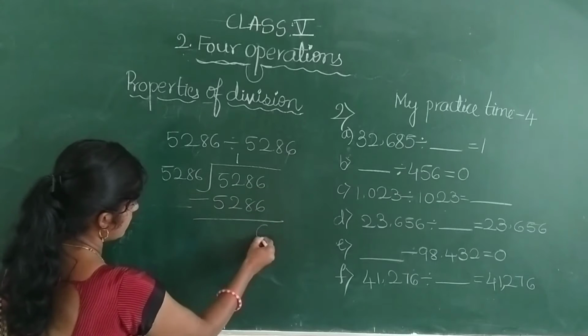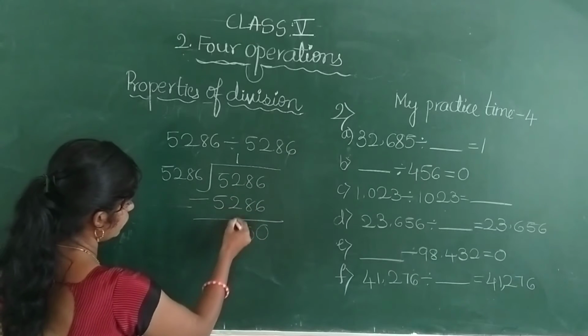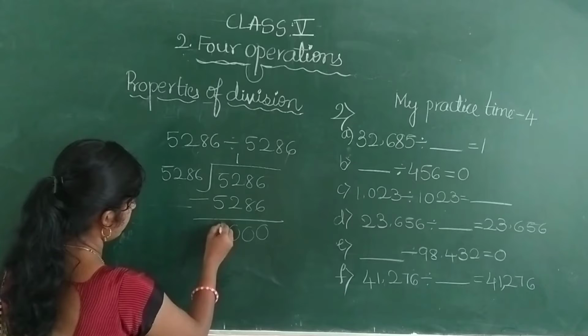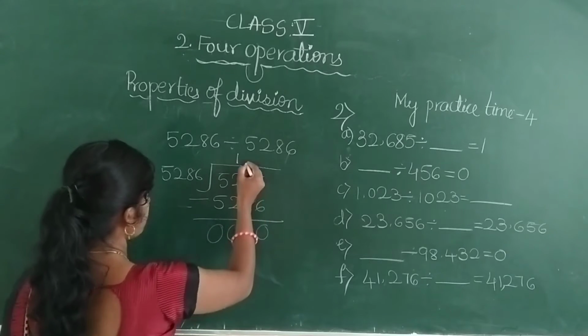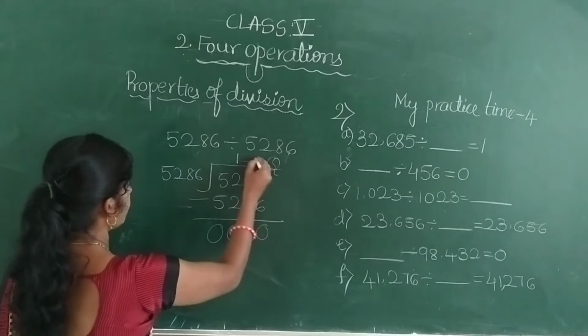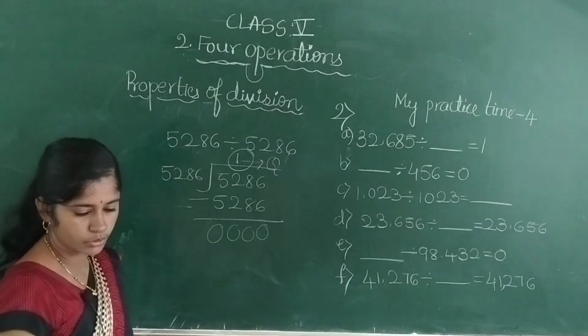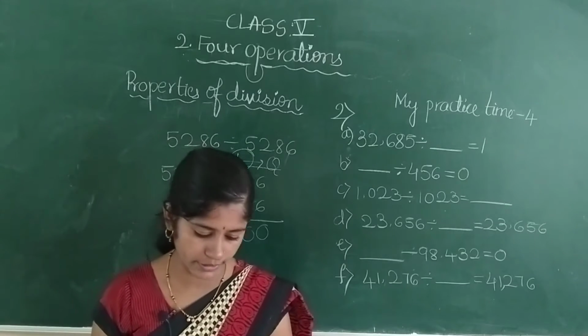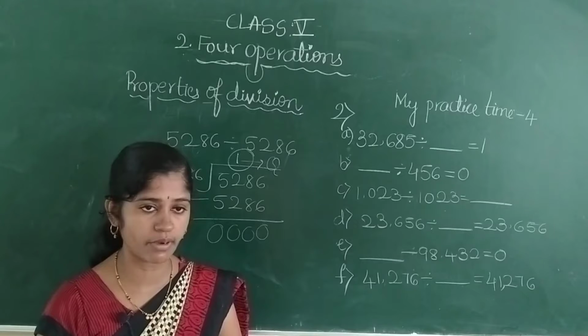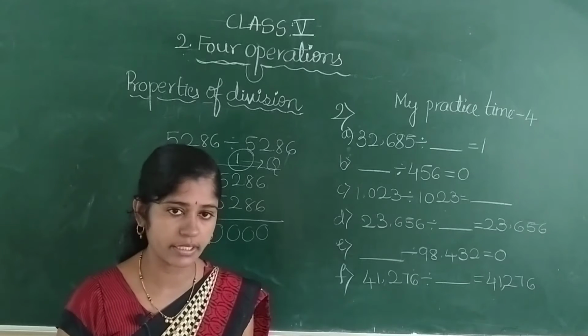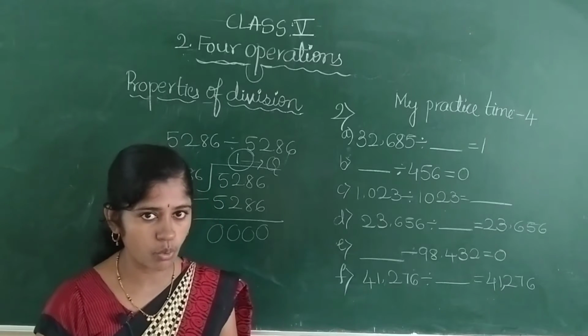So 6 minus 6 is 0, 8 minus 8 is 0, 2 minus 2 is 0, 5 minus 5 is 0, and here I got quotient as 1. So this is property number 1. If a number is divided by itself, then the result is always 1.